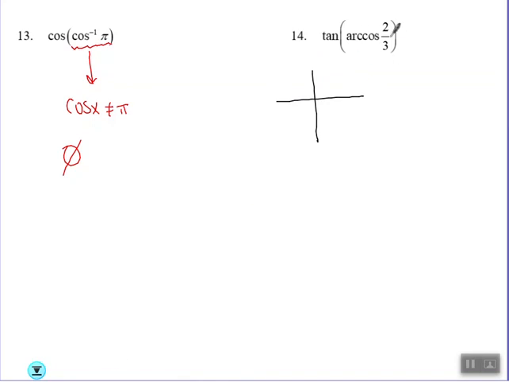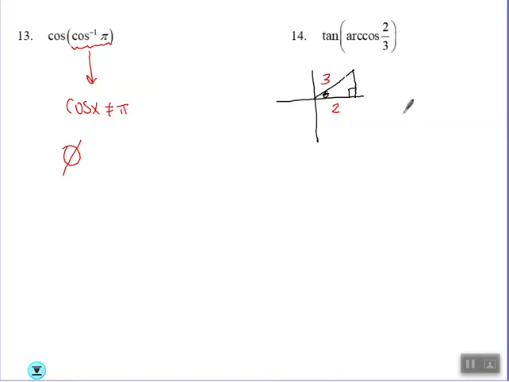We know that arc cosine always gives us a value that is between 0 and pi, which means that we are only looking in quadrant 1 and 2. Cosine is positive in quadrant 1. So we're looking at a triangle that is in quadrant 1. We know, thinking back to SOHCAHTOA, that cosine is adjacent over hypotenuse.